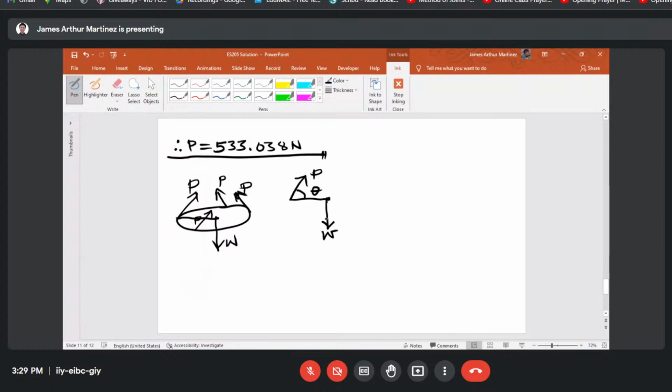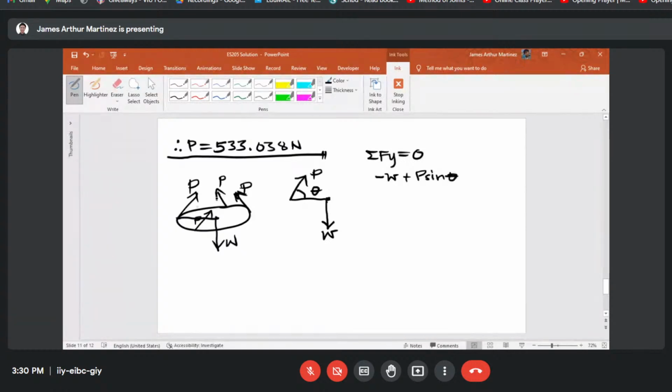So, we can solve for W by using the equation of equilibrium. Summation of forces on the y-axis equals 0. So, W, which is negative because it is downward, plus the y component of P, so P sine theta.